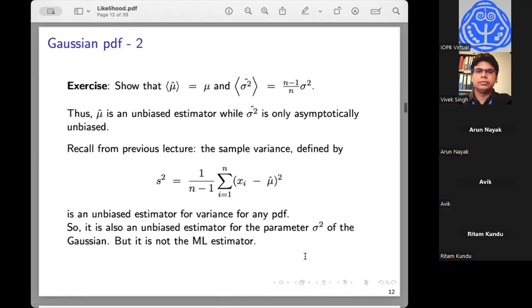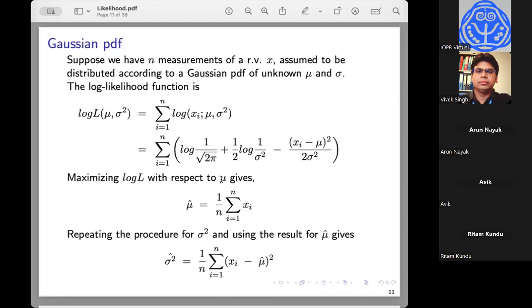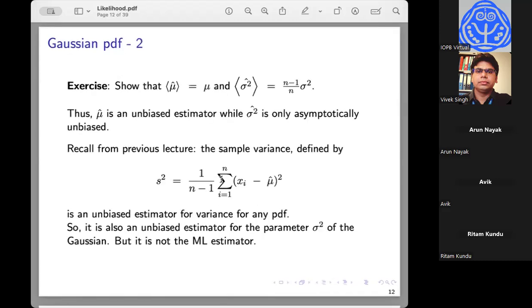If you want an unbiased estimator, you can use the sample variance. But if you want the ML estimator for the variance, which is slightly different, it will be only asymptotically unbiased. But the sample variance is not an ML estimator. This is true for all PDFs, but it's not an ML estimator.